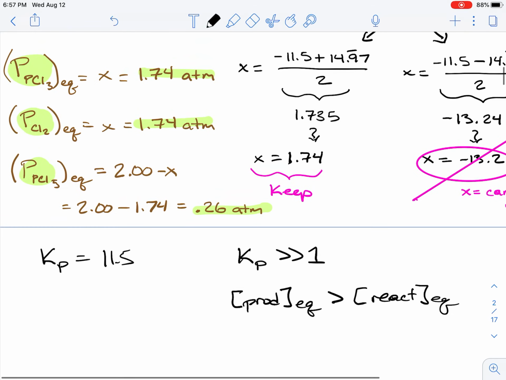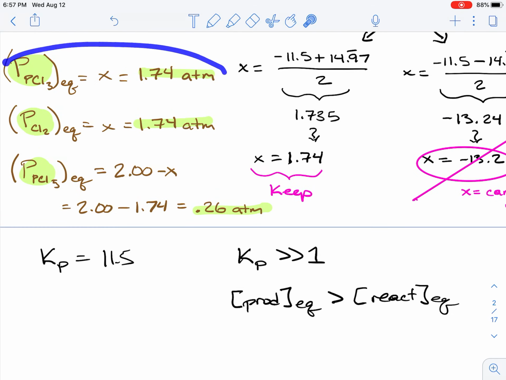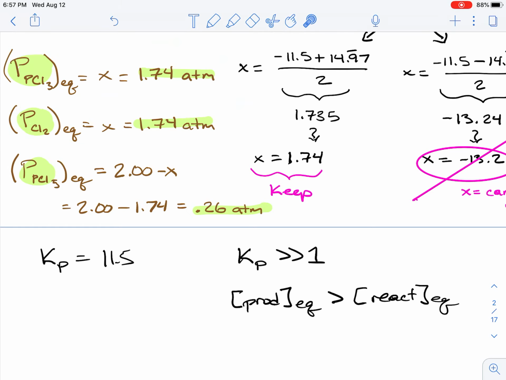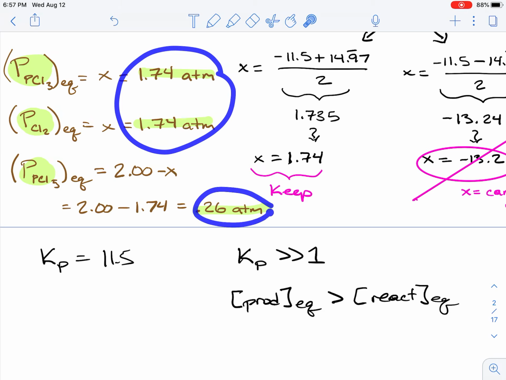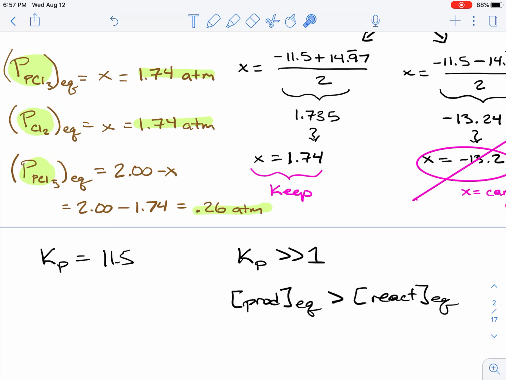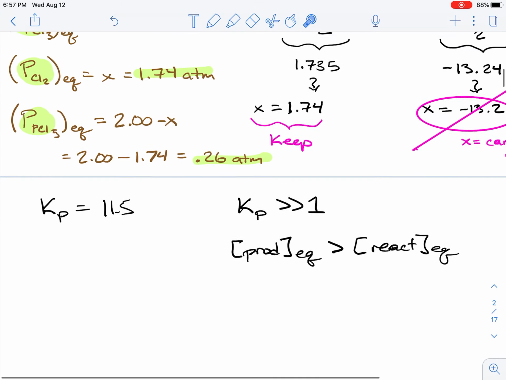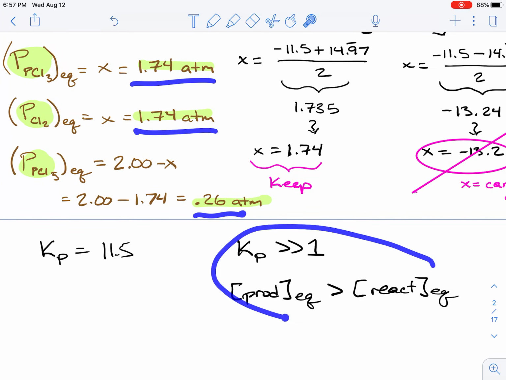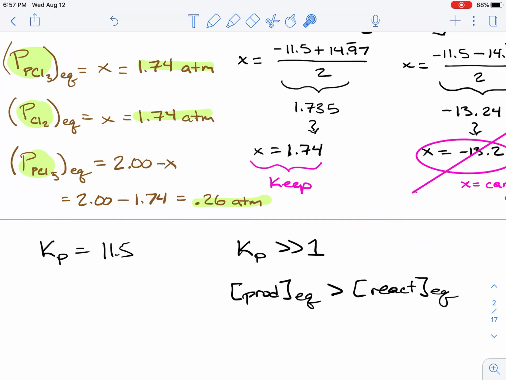And so looking at our values, these two are products, and the values are much higher than the reactant. And so these values substantiate the concept that we learned a few lecture videos ago.